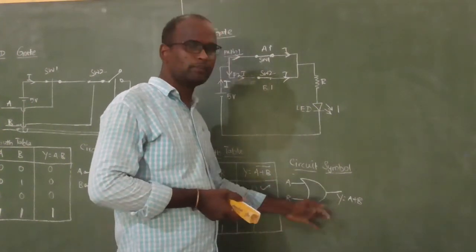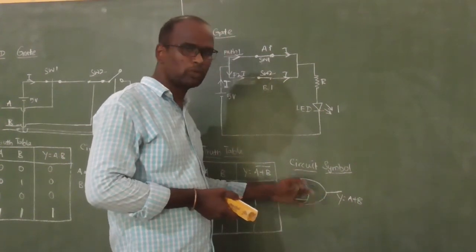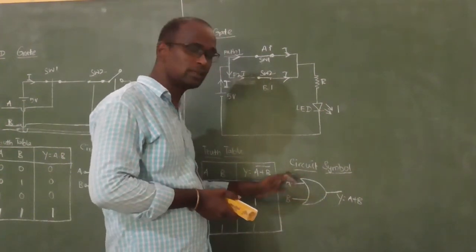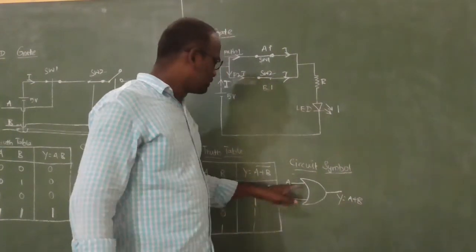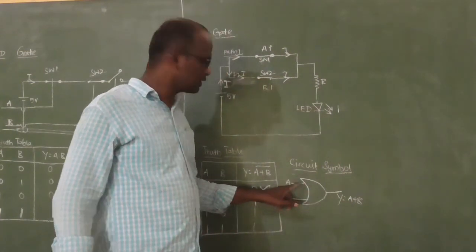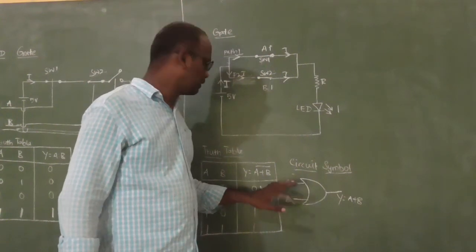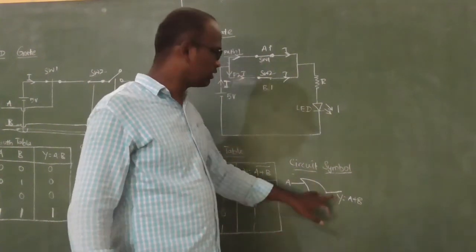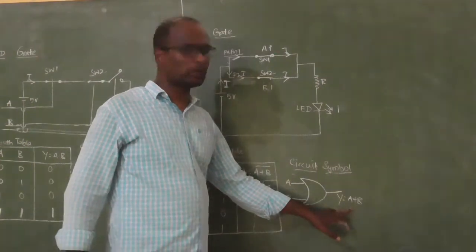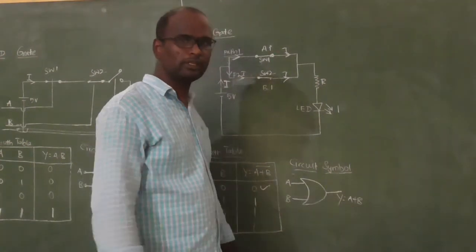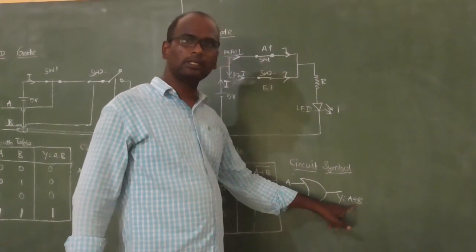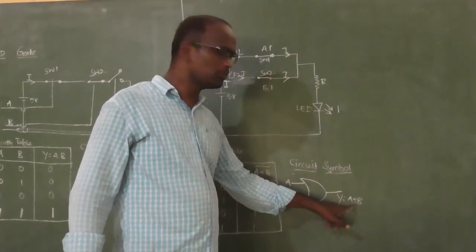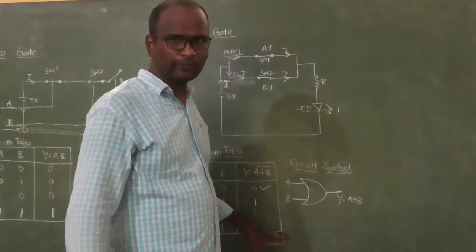The D shape is combined with a parabola shape, that is a semicircle shape at the input. It consists of two inputs as usual, A and B. It will provide a single output Y is equal to A plus B, that is A or B. It is not actually a plus symbol, that is a summation symbol, it is for the OR symbol.